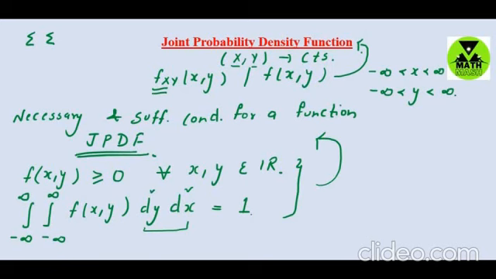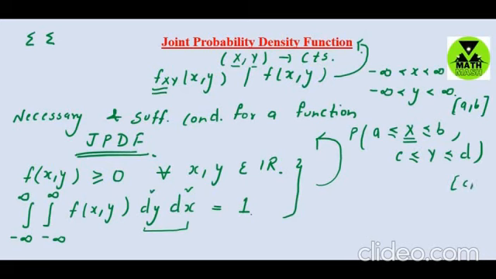In the case of a joint probability density function, if we are asking for the probability that x is between a and b, that is a is less than or equal to x is less than or equal to b, and y is between c and d, what is that probability? That means x is taking all the values in the interval a to b, and y is taking all the values in the interval c to d.